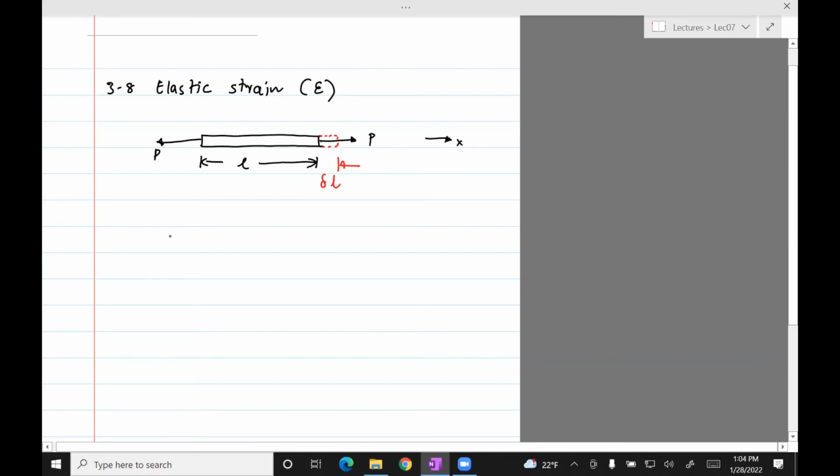The elastic strain in the x direction would be, the definition is change in length divided by original length. So in this case, the change in length is delta L divided by L.